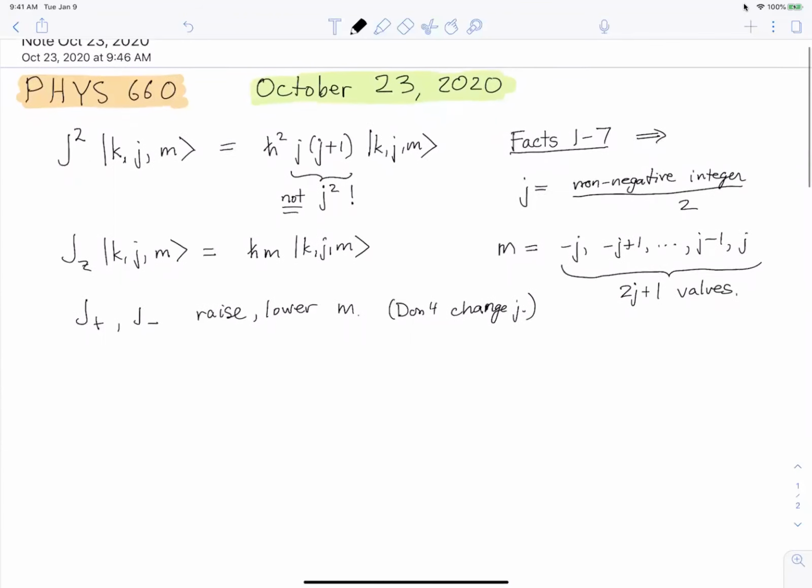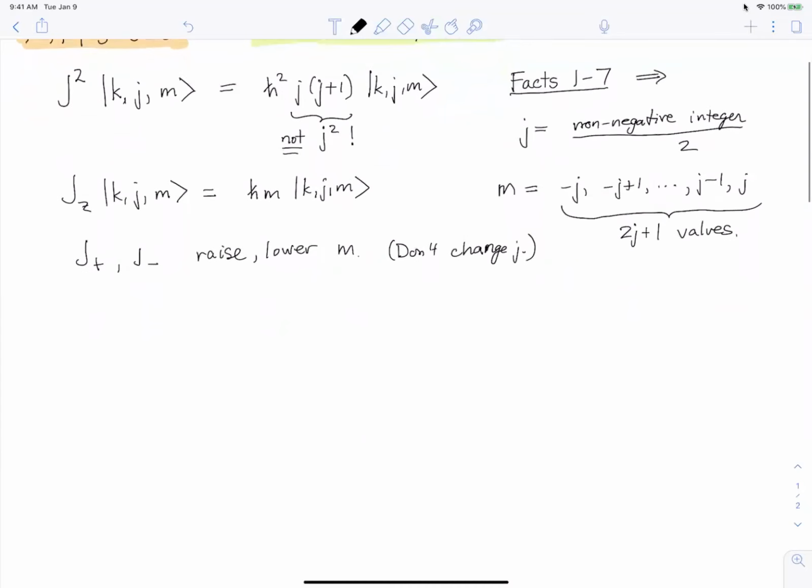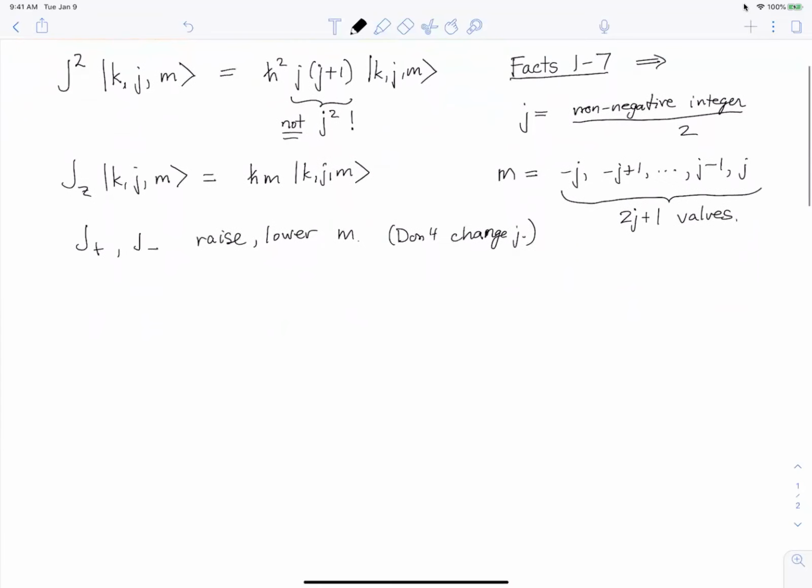But since I'm going to be writing those down later anyway, I'll skip them at this point. Of these 7 facts, there's one that we're going to reuse again today. It turns out to be fact 3.